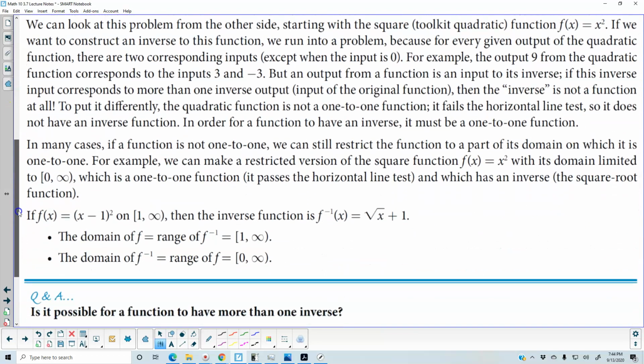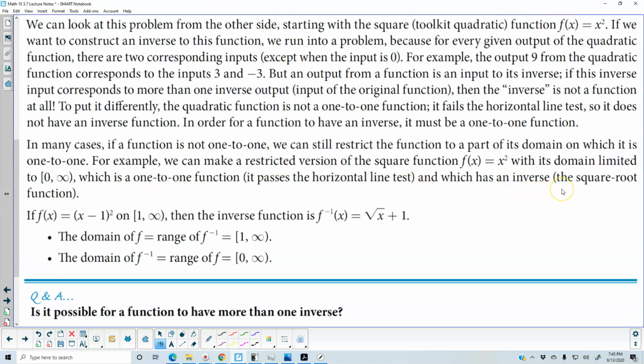Now, in many cases, if a function is not one-to-one, as we stated, we can still restrict the function to a part of its domain on which it is one-to-one. So as we saw, we can make a restricted version of the square function x squared with its domain limited to 0 to infinity, which is a one-to-one function, and then it passes the horizontal line test.